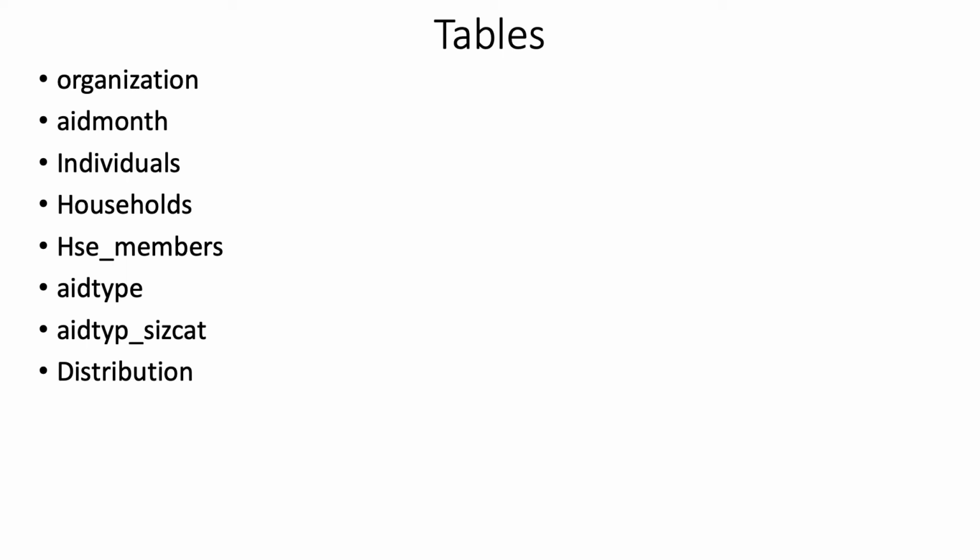But for electric it may be 1 to 99 gets the same amount, or whatever. But the point is, the different types of aid have different size categories, and the distribution is a record of what we gave out. So we will be able to record that in some month to some household we gave out some type of aid, and the size category we gave out, the 1 to 5 food or whatever.